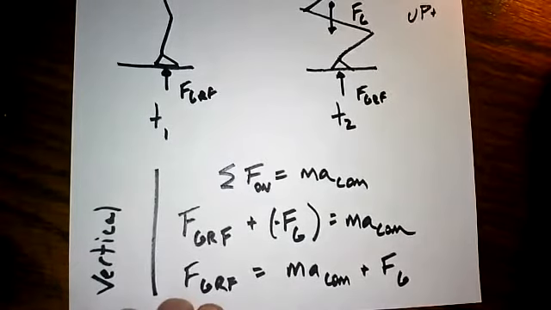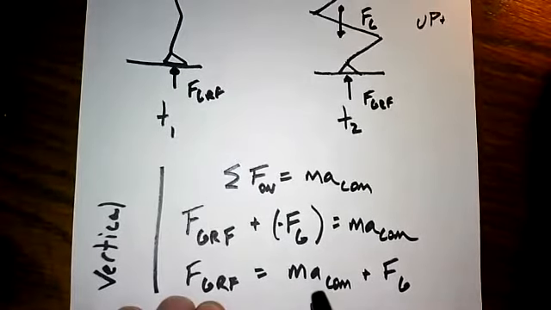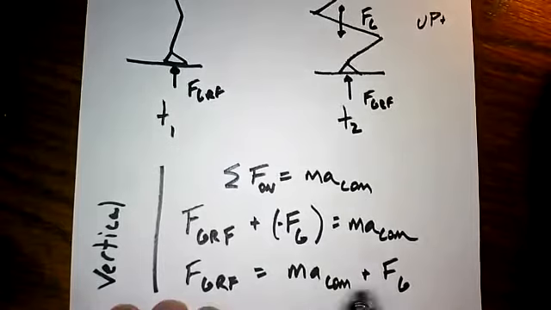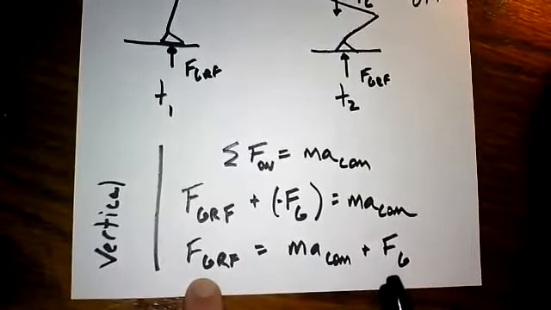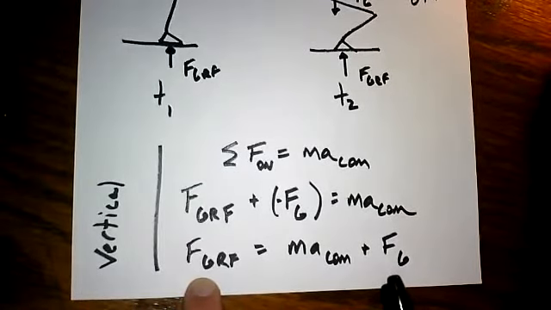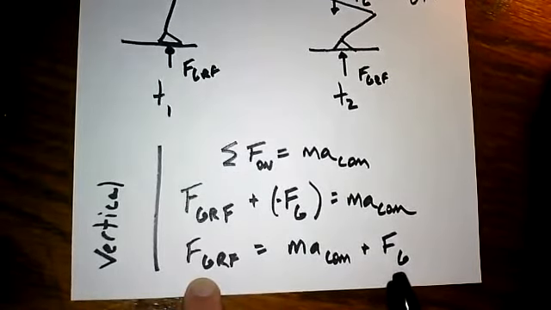All right, so now we can see that if we have acceleration of the center of mass, these two forces, the force of gravity and the force of the ground pushing up on the person, are not equal in magnitude. Going back to the previous video that you should have watched, I emphasized that when standing still, these two forces are equal in magnitude, and they happen to be opposite in direction.